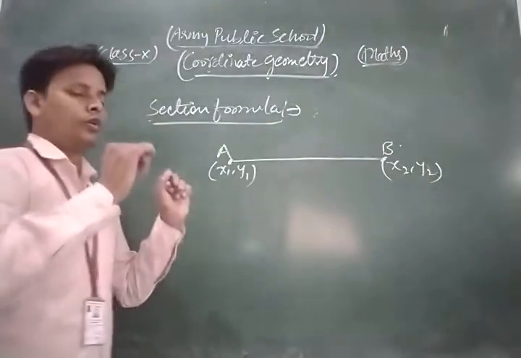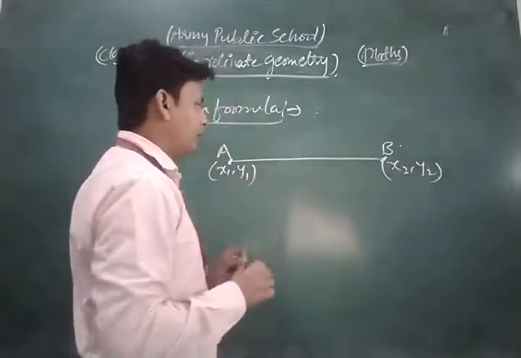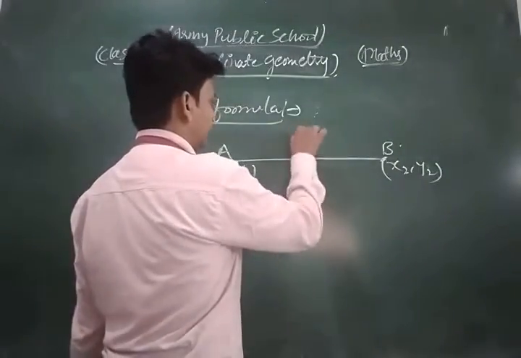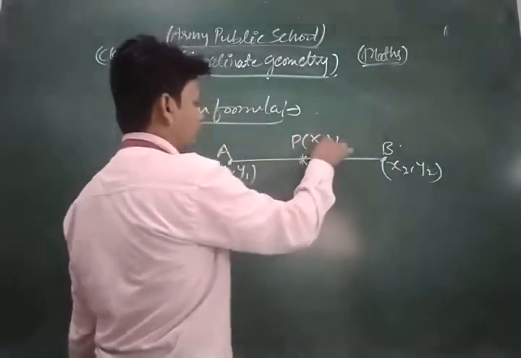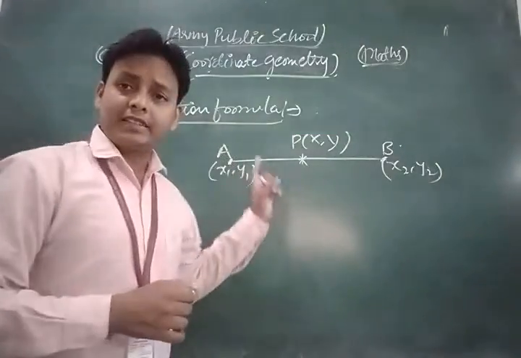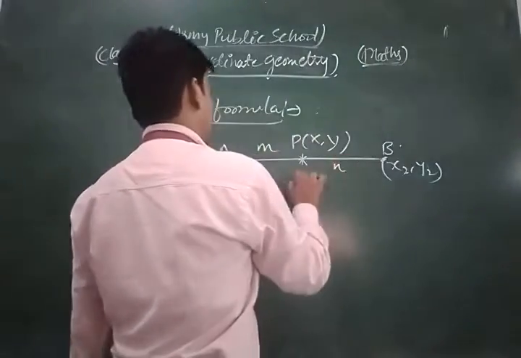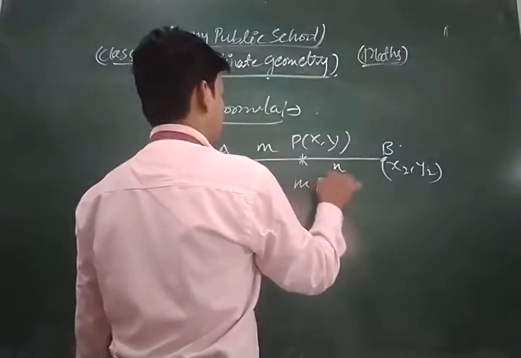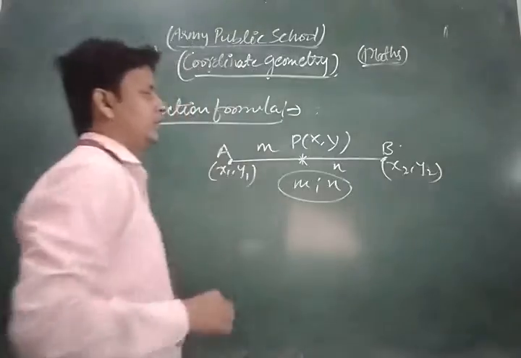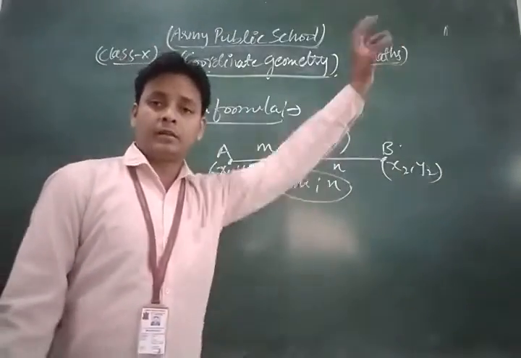There are 2 points having coordinates x1, y1 and x2, y2. Now, if P is any point whose coordinate is x, y, which divides the given line segment internally in the ratio m:n.